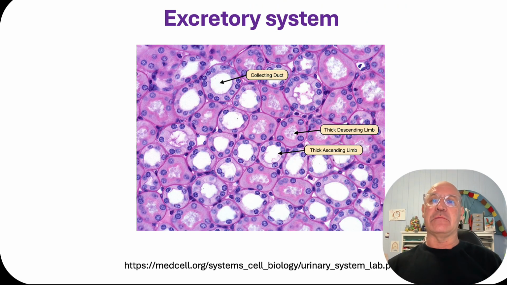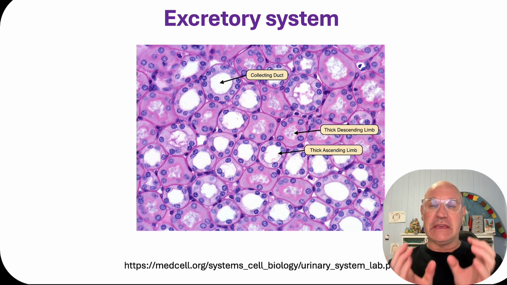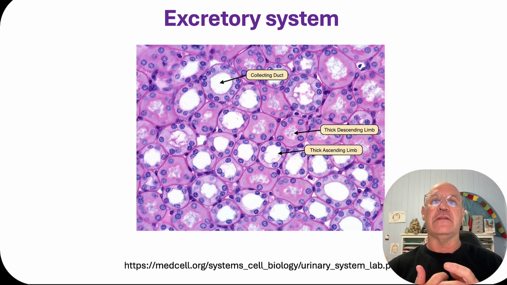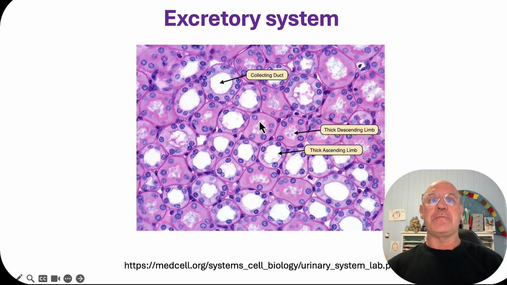If you have a look at the excretory system, again, this is from the kidney. We're going to learn more about how the kidney is involved in filtration of urine a little bit later. But I want you to see that we've got lots of cells tightly packed.